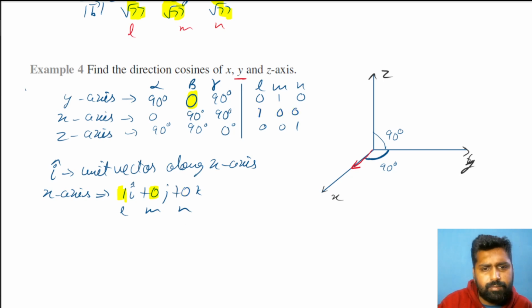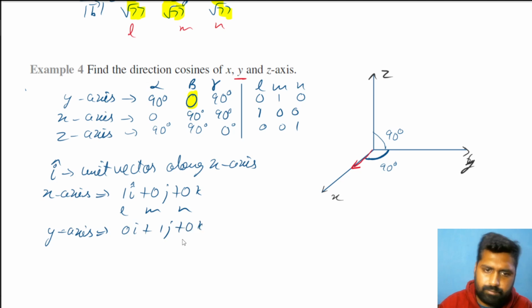So you can think from direction vector also, or you can think from angle point of view also. For y-axis, same thing. Y-axis will be 0i plus 1j plus 0k. Again, that's your LMN. Z-axis, you will have 0i plus 0j plus 1k.